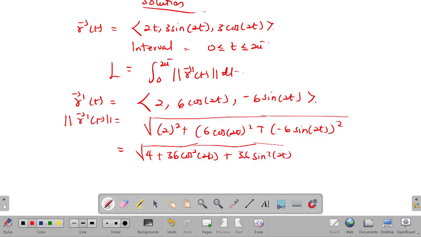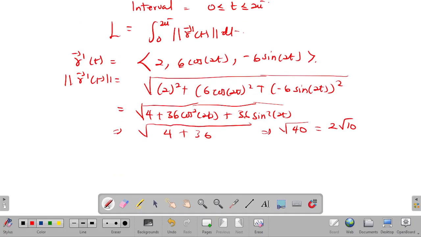And obviously we can bring in trig identities here. We can factorize 36 out, then cosine squared 2t plus sine squared 2t will give us 1. So our answer will be the square root of 4 plus 36, and this will end up giving us the square root of 40, which is also 2 root 10.